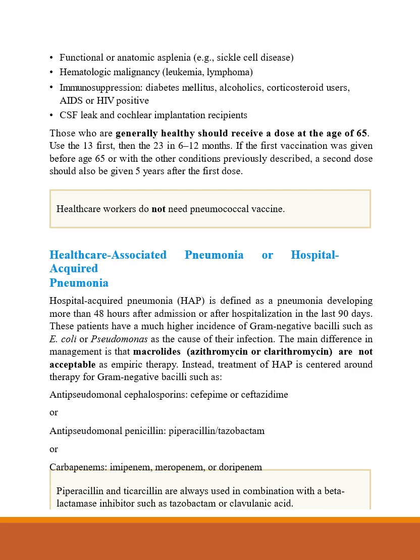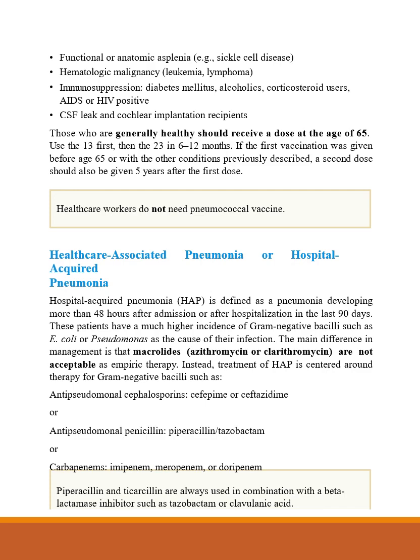These patients have a much higher incidence of gram-negative bacilli such as E. coli and Pseudomonas as a cause of their infection. The main difference in management is that macrolides such as azithromycin or clarithromycin are not acceptable as empiric therapy.